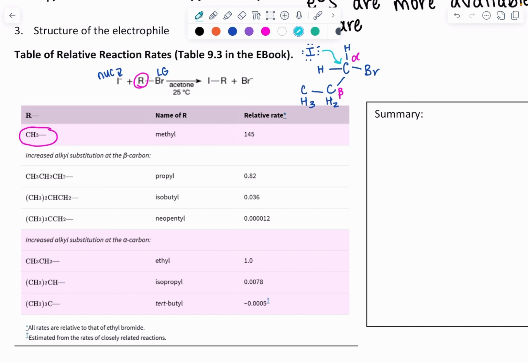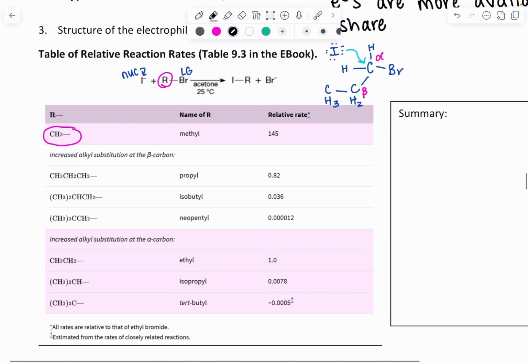Remember, single bonds are always rotating, so this larger substituent, the propyl group instead of a methyl, slows down the reaction rate. The rest of the table shows other electrophile molecules, like isobutyl here, that decreases the rate even further. This is neopentyl, we can talk about what that is. This is 5 carbons.